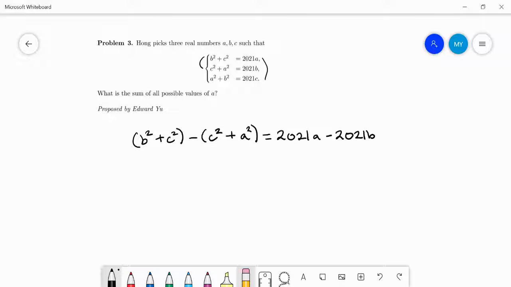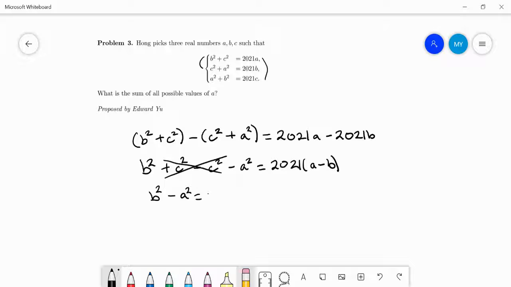So we can just expand this out. b squared plus c squared minus c squared minus a squared equals 2021, I'll factor the 2021 here, so 2021 times a minus b. And look at that, our c squareds cancel out. So I get b squared minus a squared is equal to 2021 times a minus b, and now the way forward is clear.